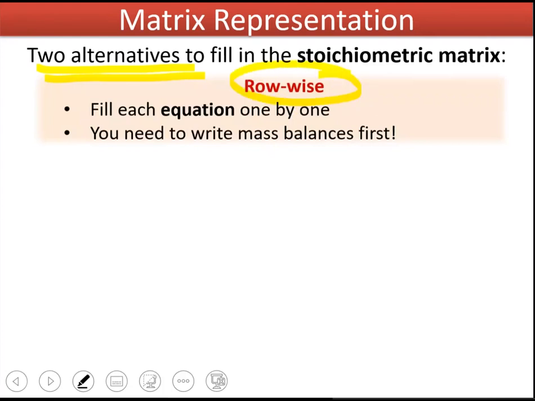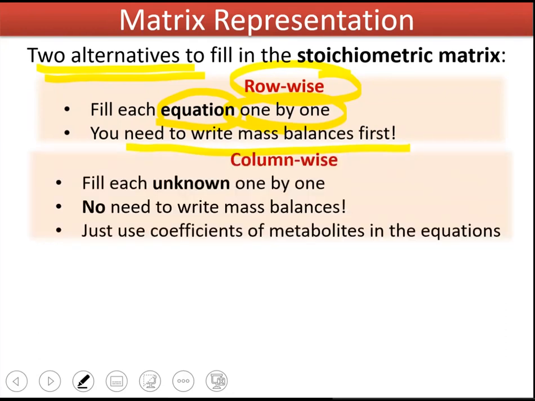First, we need to write mass balances around each metabolite. So we have our equations, and we filled each equation one by one, right? Equation 1 to row 1, equation 2 to row 2 of the matrix, etc. There is a much more practical column-wise approach.